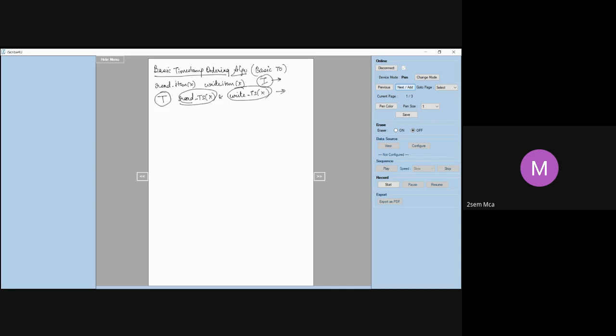If the order is violated, then the transaction is aborted. It will not continue, and it has to be resubmitted as a new transaction with a new timestamp value.